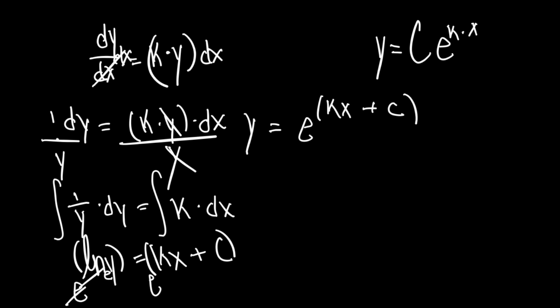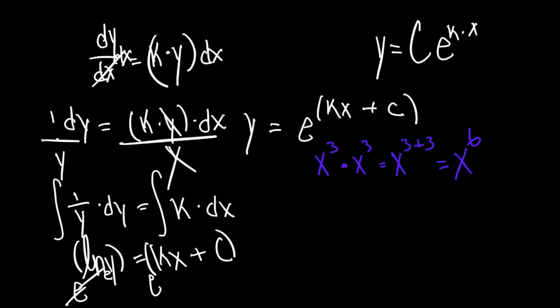If you go back to your power rules, you should have learned that when you multiply terms with the same base, you simply keep the base and add the exponents. For example, x to the something times x to the something equals x to the sixth power.